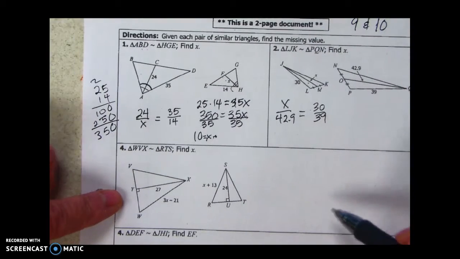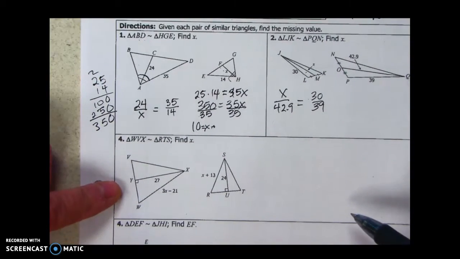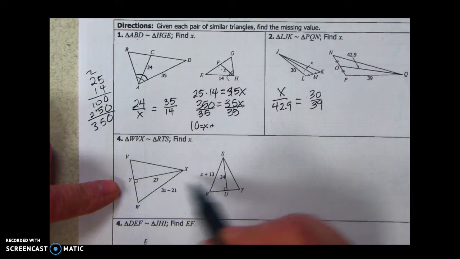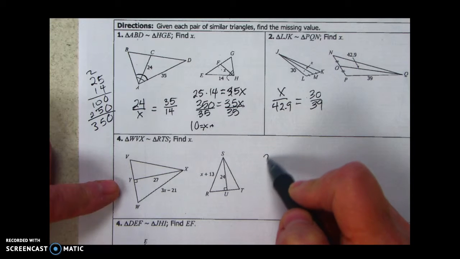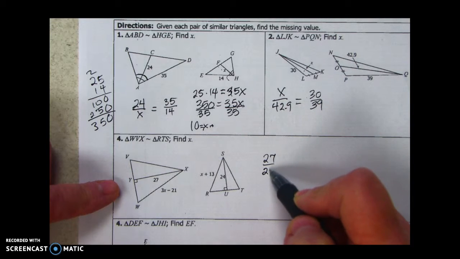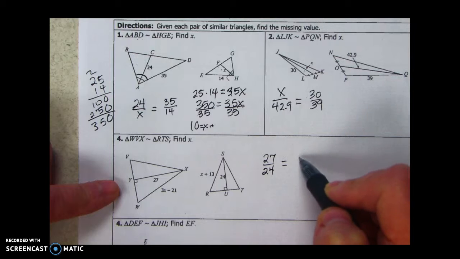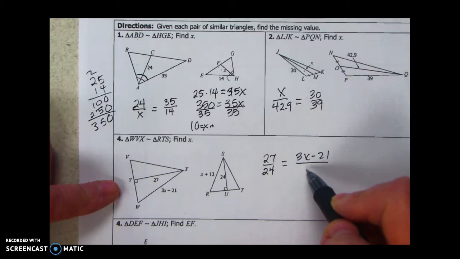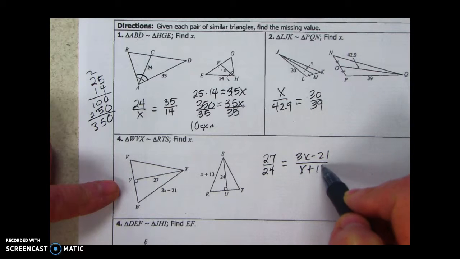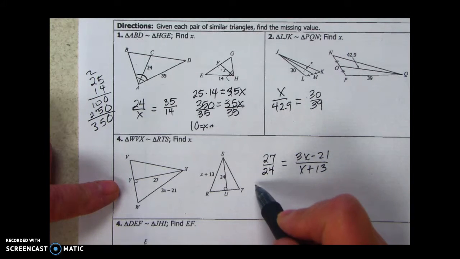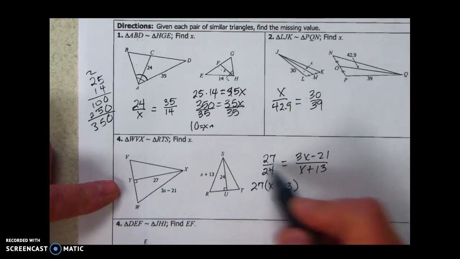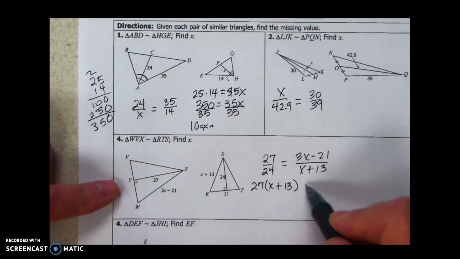Just a reminder, looking at problem number 4, the first number 4. Okay, the inside lines, 27 over 24 equals 3x minus 21 over x plus 13. All right, now don't forget, when you cross multiply 27, put your parentheses, especially when you have big numbers like that that you can't do in your head.